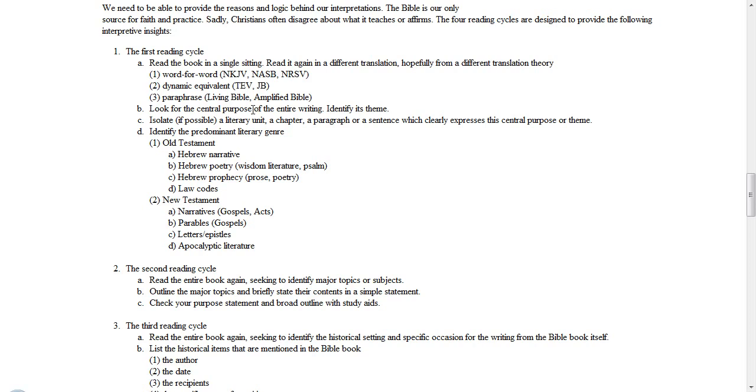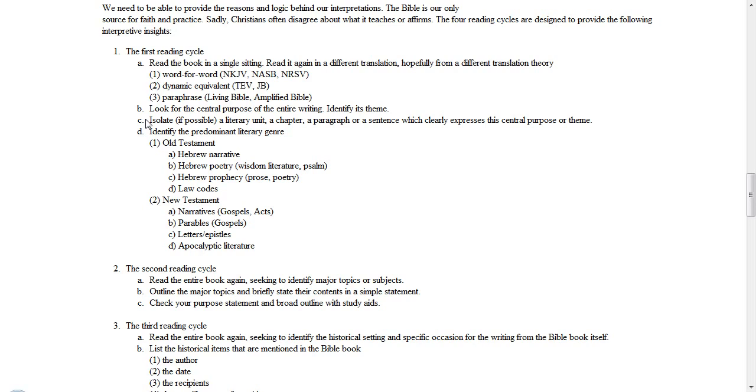That will help you in your study of this book. Dr. Bob Utley says, isolate if possible the literary unit, a chapter, a paragraph, or a sentence which clearly expresses the central purpose or theme.